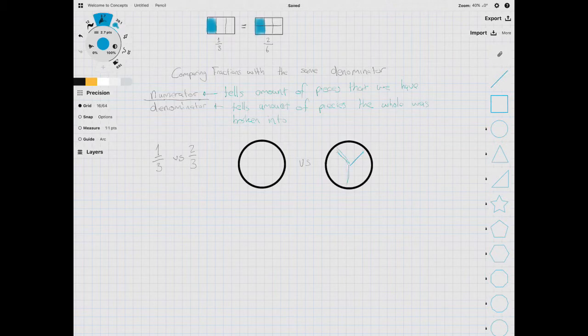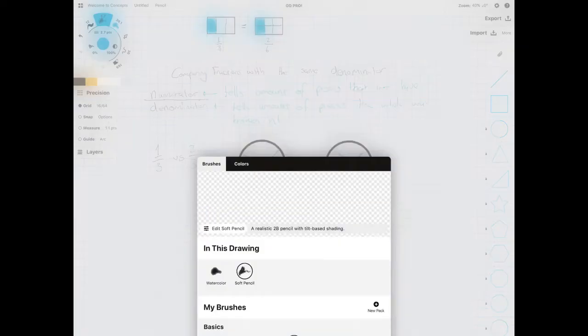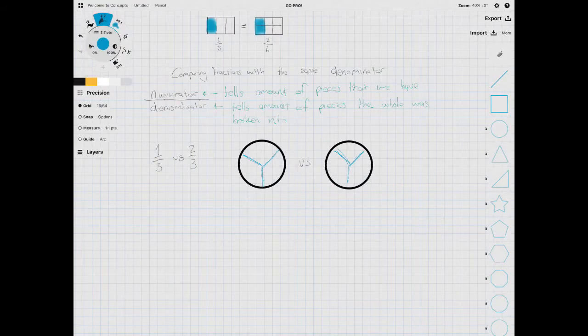Now I'm not doing a very good job here, but it doesn't have to be perfect, as long as we can see that it is broken up into three equally sized pieces. So the first one is going to be my third. So I'm going to take how many pieces? One piece out of the three. So we're going to color that in. And the second fraction is 2/3. So we're going to color two of these three pieces in.